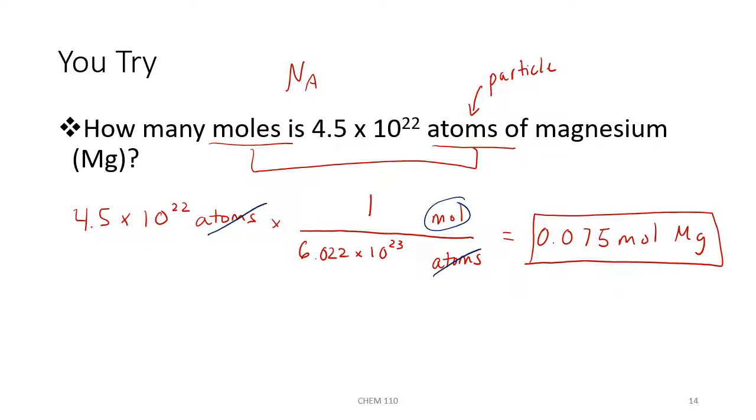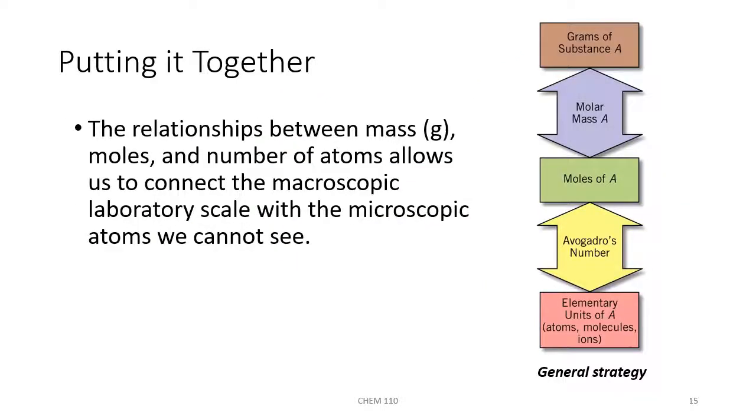So remember that mole is just a convenient counting factor that lies halfway between our laboratory scale of grams and the really small scale of atoms or molecules or ions or formula units that we can't see, those subatomic particles. Next, we're going to combine the concept of molar mass with Avogadro's number. This will allow us to convert grams of a substance that we could weigh out into moles, which is our convenient counting unit, then into our small particle units.